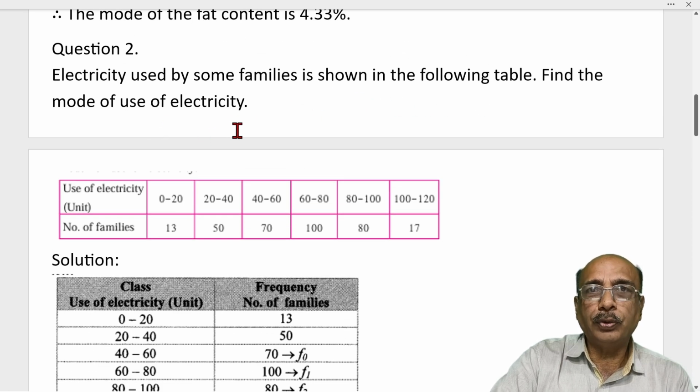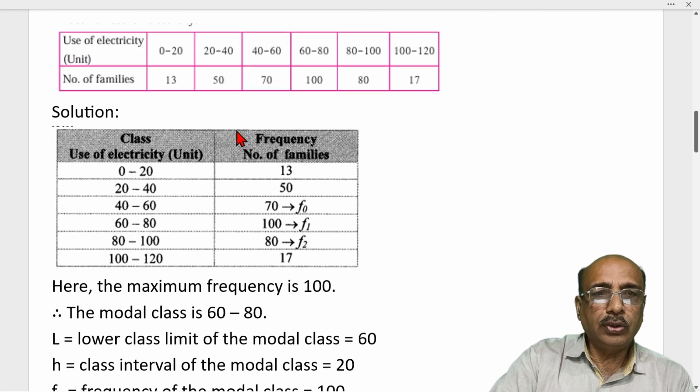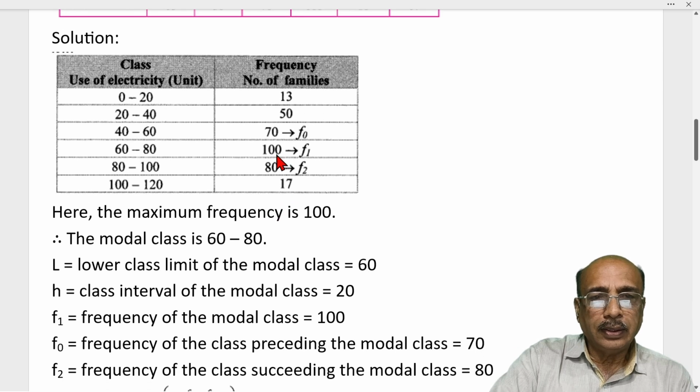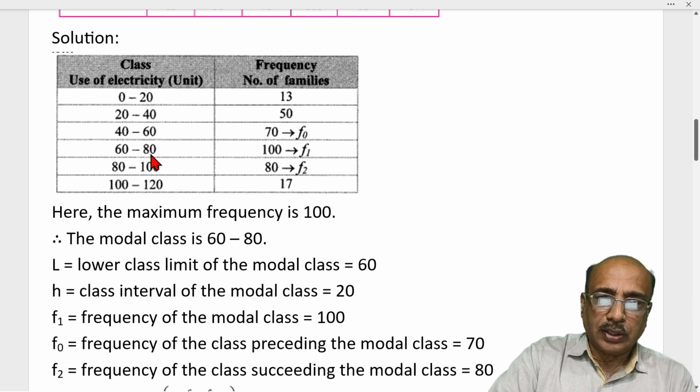Question number 2. Electricity used by some families is shown in the following table. Find the mode of use of electricity. Use of electricity is given in the form of a class as units, and the number of families as frequency. The maximum frequency is 100, so the modal class is 60 to 80.